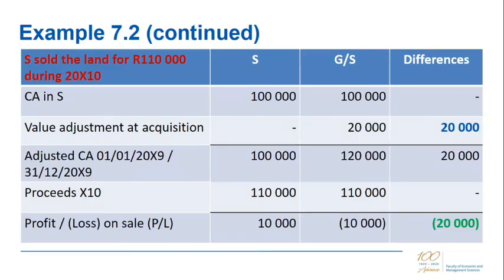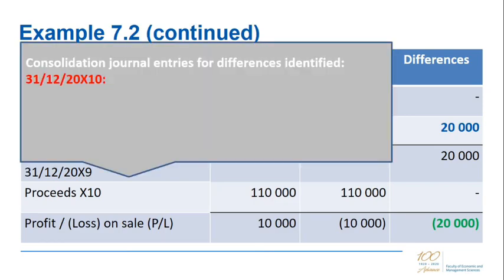The consolidation journal entries that will now change my starting point to be what I want it to be in the group statements are as follows. On 31 December 2010, my date that I consolidate, the moment you identified a value adjustment at acquisition date that was not recognized by the subsidiary, the first journal entry that you will always have to write in every single year that you consolidate this group will be that credit revaluation surplus at acquisition for the 20,000 Rand.